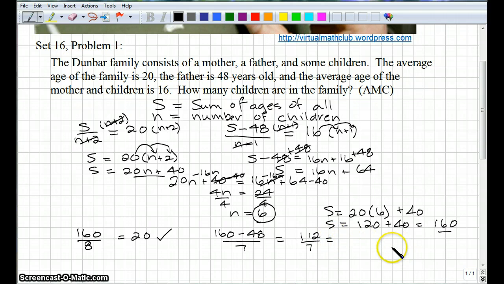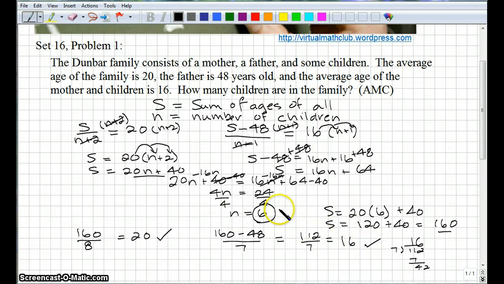So let's go ahead and do the division here quick. 112 divided by 7. Yes, so that's 16. And you can see that's what we wanted it to be. So that checks out as well.